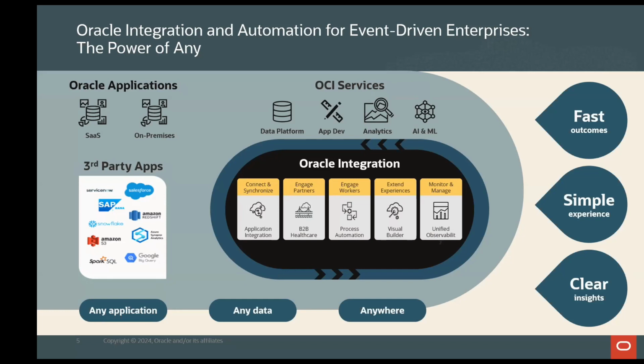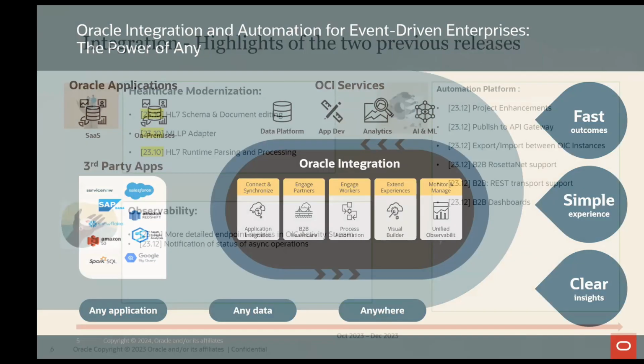The Y is missing there. But again, the story is, any application, any data, anywhere. And of course, the OCI services above Oracle Integration, just reinforcing the fact that we are also a native OCI service, and there are many other OCI services that could be very interesting for you in achieving your business goals.